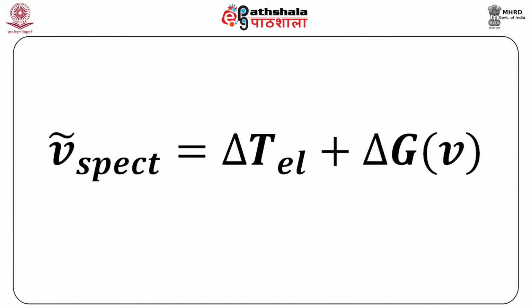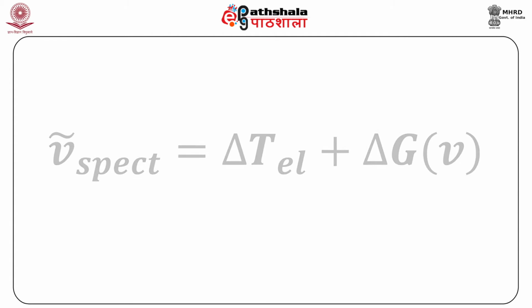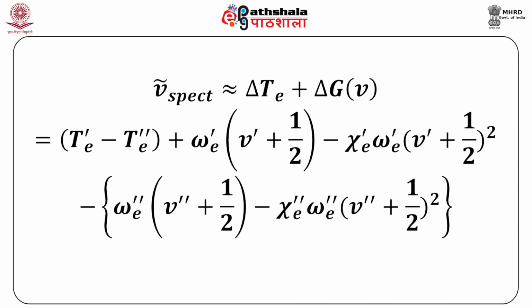Its wave number is given by the change in the electronic energy plus change in the vibrational energy, that is delta T electronic plus delta G V, where delta T electronic is the difference of electronic energies of the involved two states expressed as wave number.